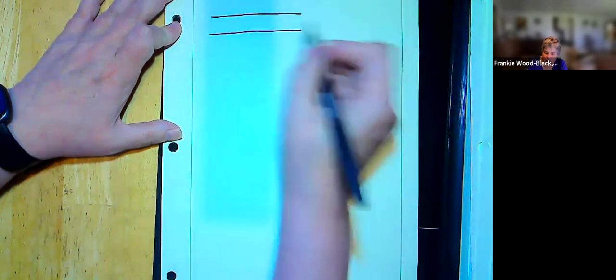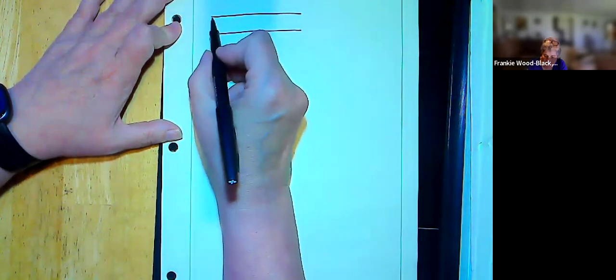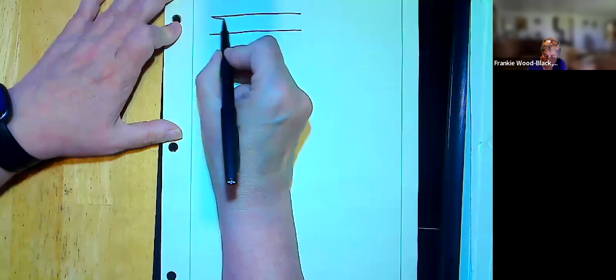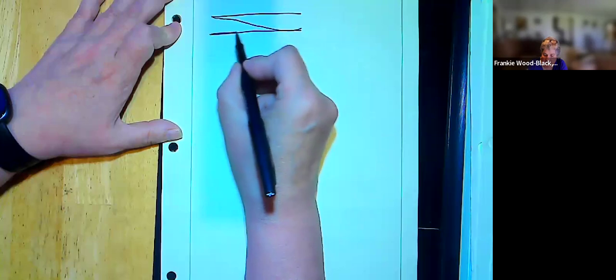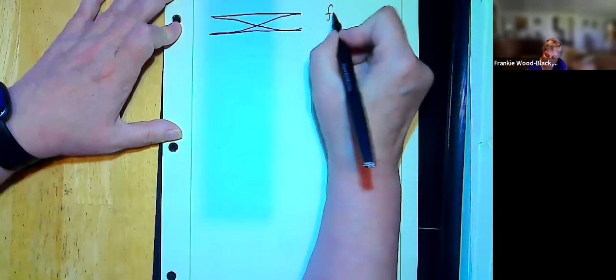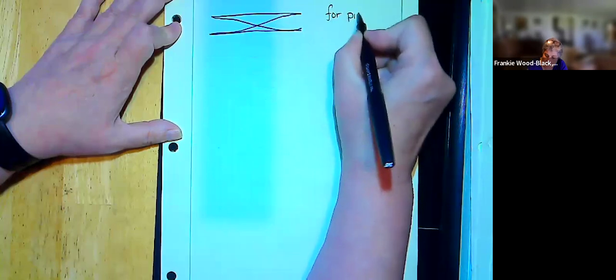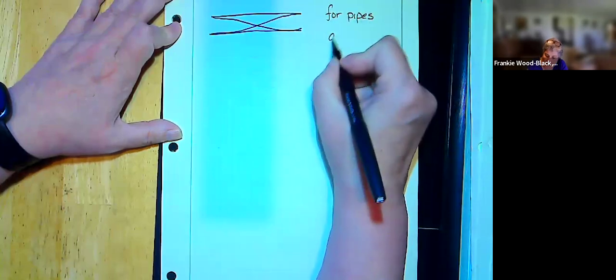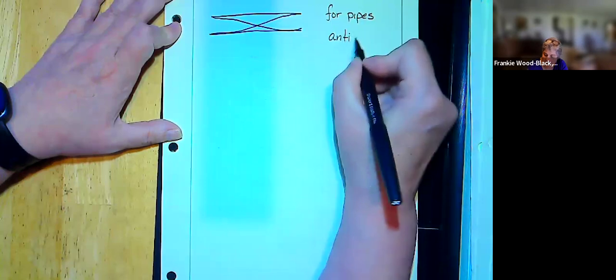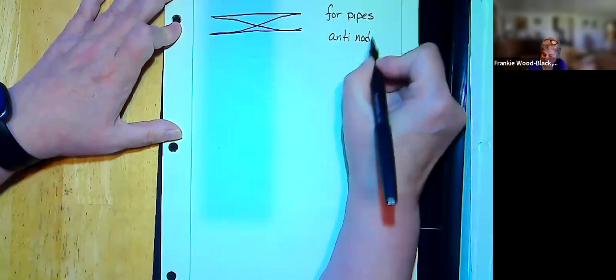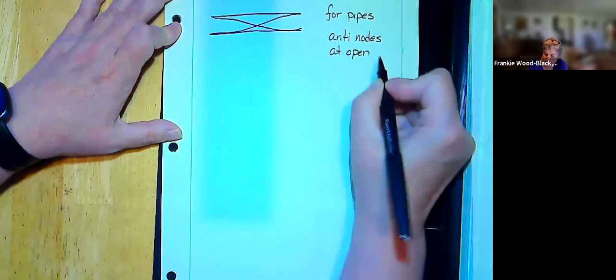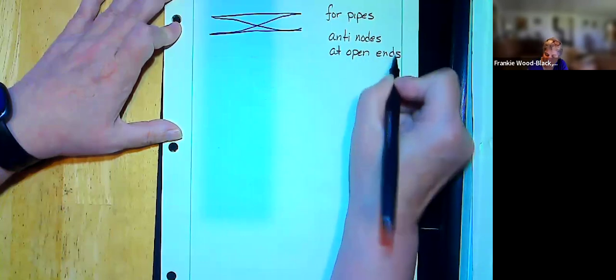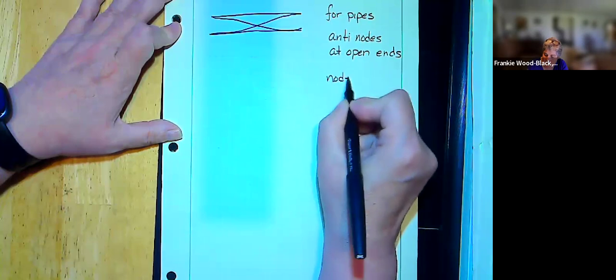If I have two open ends, I have to have antinodes at the open end of the pipe. So for pipes, antinodes are at open ends, and nodes are at closed ends.